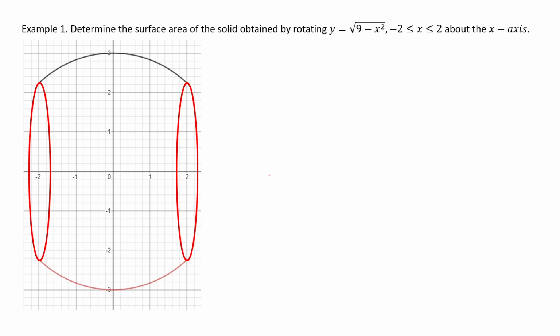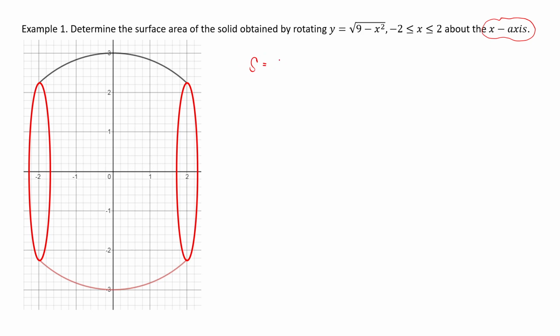So for example, we're going to determine the surface area of the solid by rotating y equals square root of 9 minus x squared, from x greater than or equal to negative 2 but less than or equal to 2, about the x-axis. Since we are rotating about the x-axis, you can just write the formula directly.